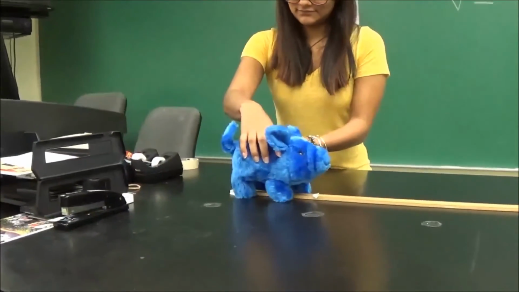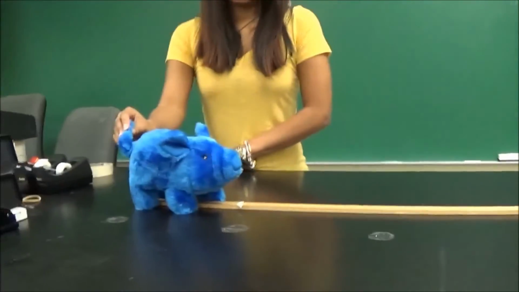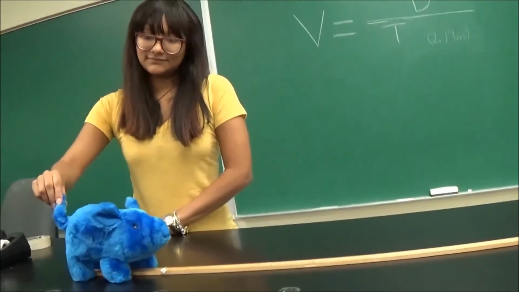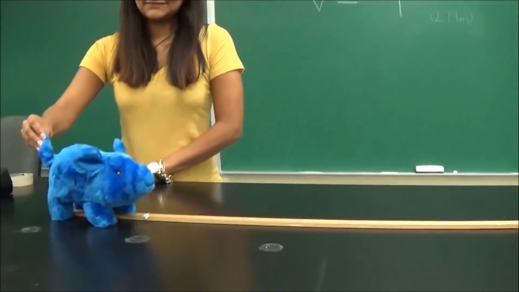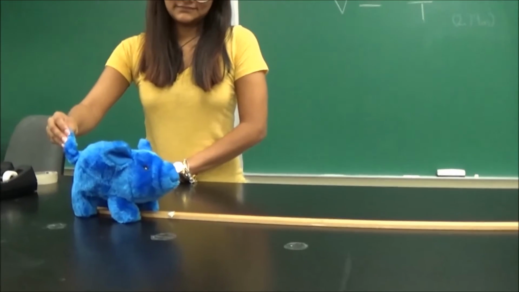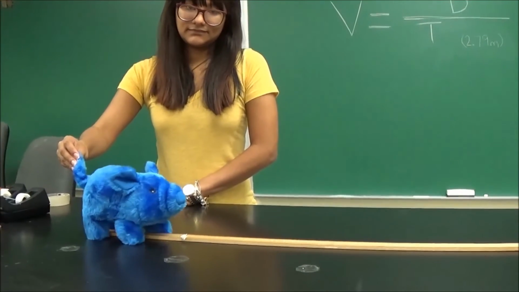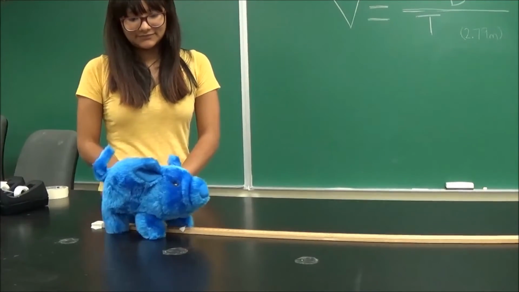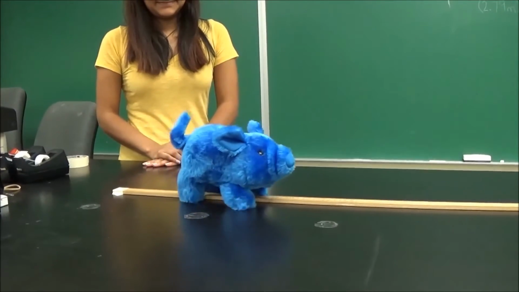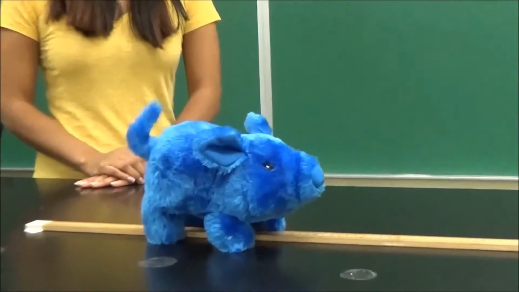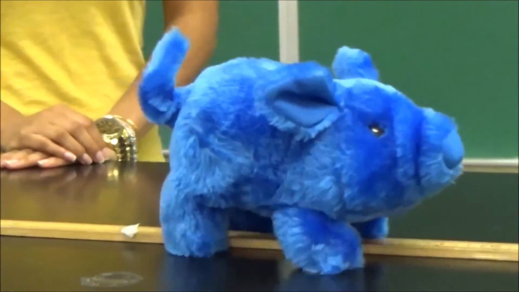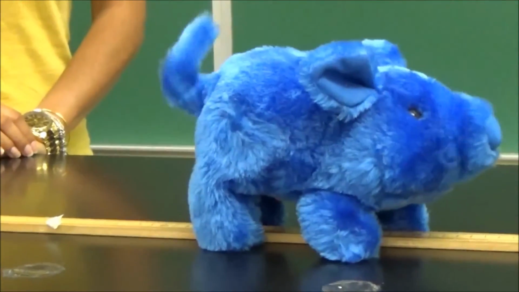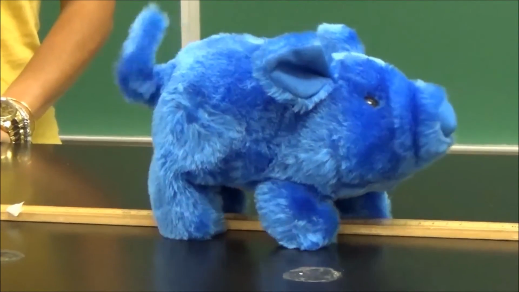Oh, there he goes. He makes noises. Now let's hold him. I'm going to count down to 0 and you let him go. His nose is at the correct mark. 3, 2, 1, 0. And the clock is running. The meter stick is just to keep him on track.